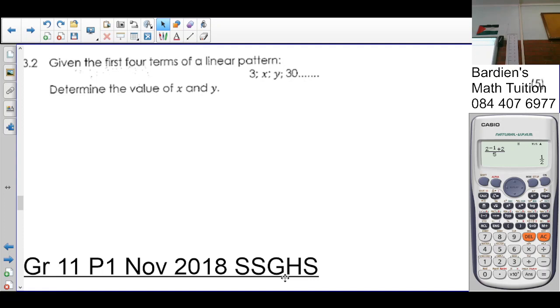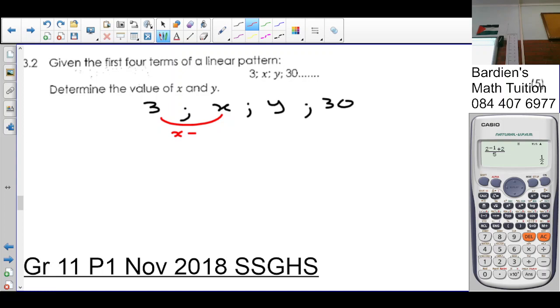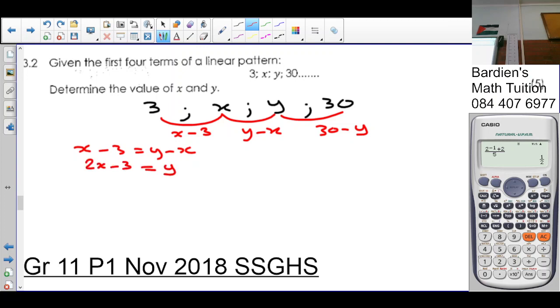Okay, so if you work out your first common difference for 3, x, y and 30, what would that difference be? x minus 3, and y minus x, and 30 minus y. But since it's linear, that will be equal, not so? So you go x minus 3 is equal to y minus x. So y, as the subject of the formula, is equal to 2x minus 3. That's equation 1.